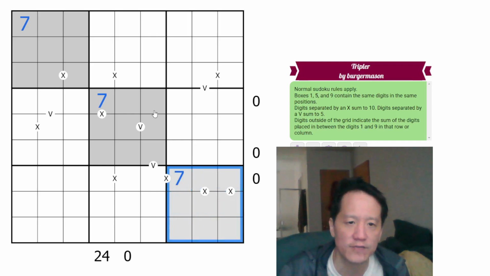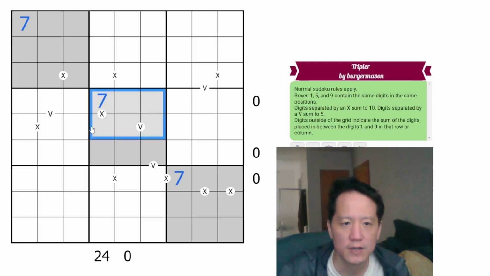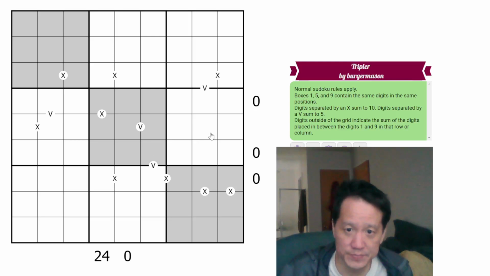These gray boxes are exactly the same in their ordering. Whatever this digit is must be the same as these two, and so on. So that's that rule set.